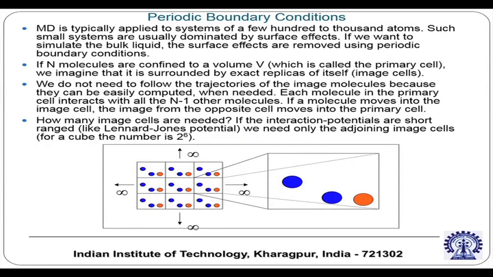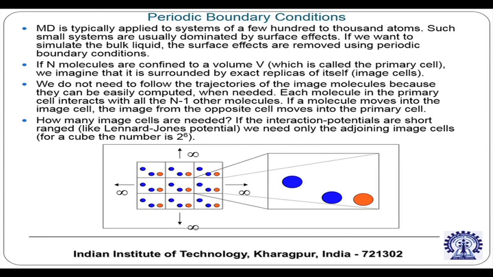Very often molecular dynamics is typically applied to systems of a few 100 to 1000 atoms. Such small systems are usually dominated by surface effects. If we want to simulate the bulk liquid, the surface effects are removed using periodic boundary conditions.